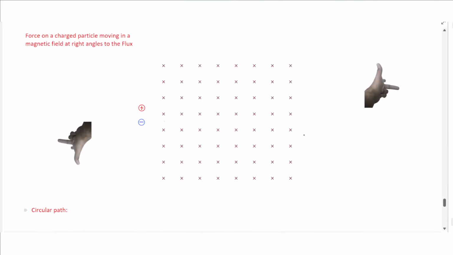The last part in this section is about moving charges. If you have a moving charge and the charge is positive, you have a positive current in the same direction. And if there is a negative charge moving in one direction, the current is in the opposite direction. Now, if you have a magnetic field perpendicular to the motion of the charge, you have a current and a magnetic field, so you can use Fleming's left-hand rule.